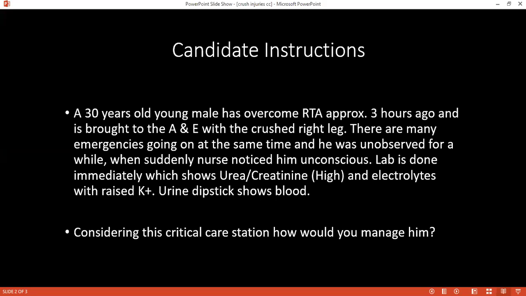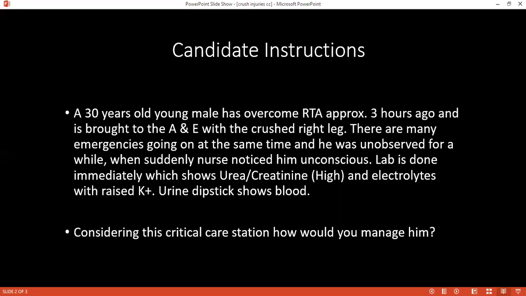I will open 2 wide bore cannulas and start crystalloid fluid. We can start with 250 to 500 ml per 15 minutes. And then we have to check the vitals. How is the blood pressure, pulse, saturation, and how is the mental state?